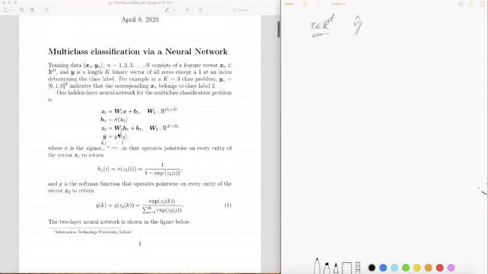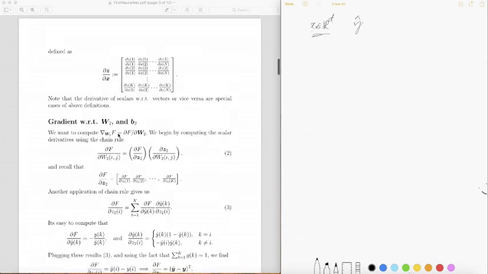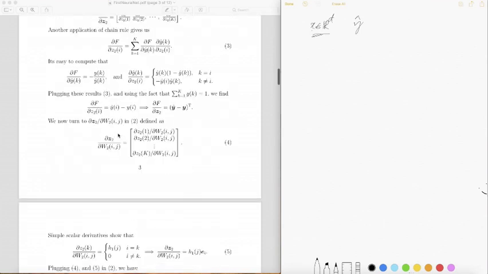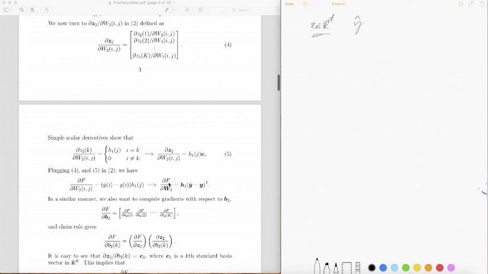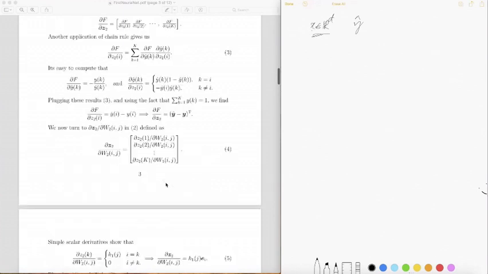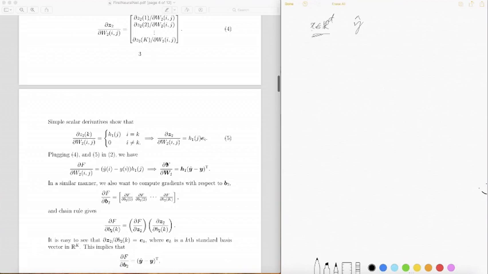All right, so we went over these series of steps, used the chain rule, basically the back propagation chain rule, and calculated that the derivative of f, the cost function, with respect to w2 is just h1 times (y hat minus y) transpose.